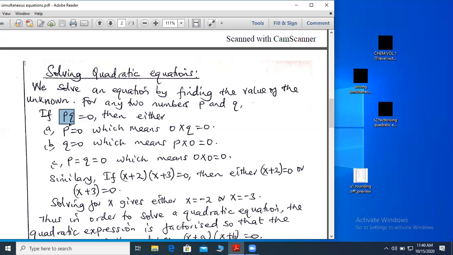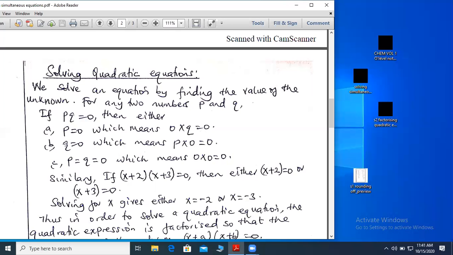So if pq is equal to 0, then either p is equal to 0, which means that 0 times q is equal to 0, because any number times 0, the answer is 0.